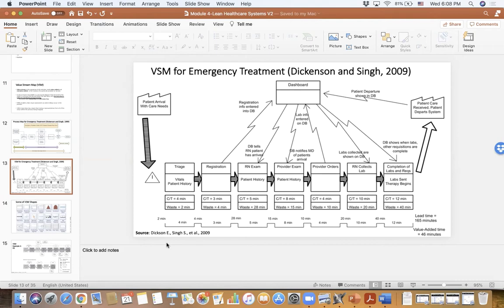And in addition to specifying the flow of the material or orders or customers or patients, we also identify the flow of information.